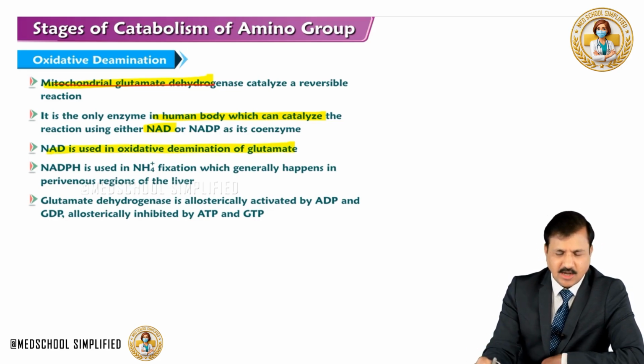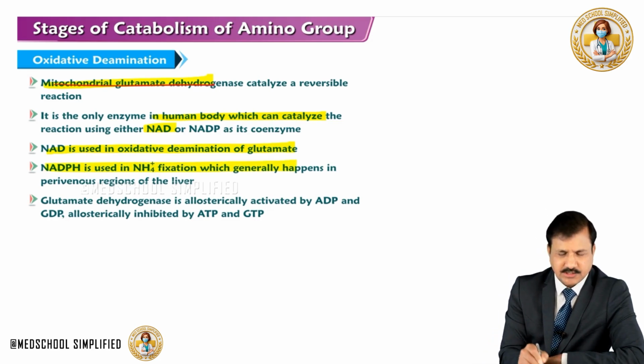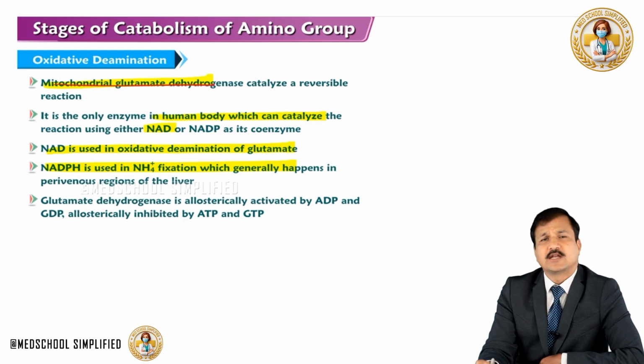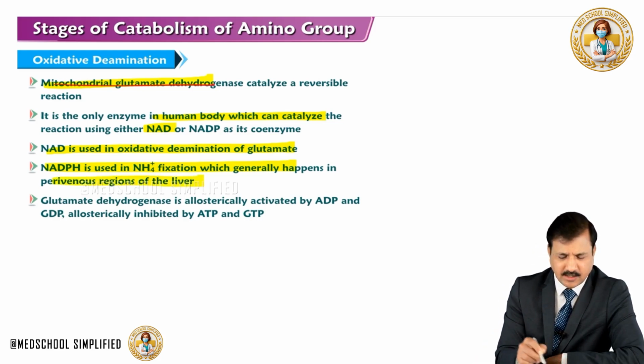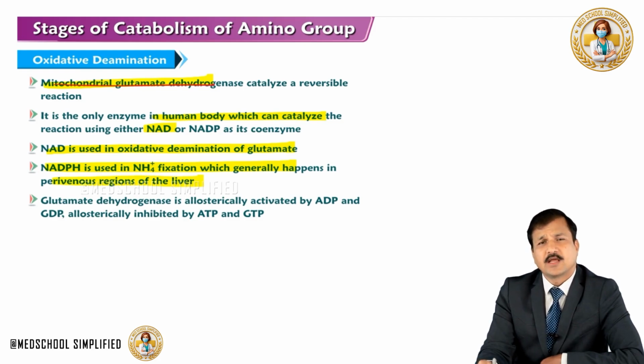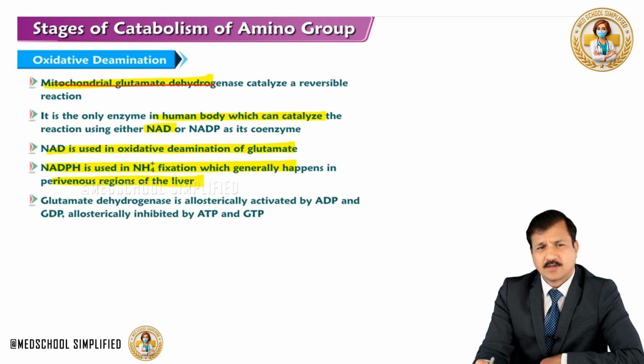NAD is used in the oxidative deamination of glutamate, whereas NADPH is used in the ammonium fixation, which generally happens in the perisinusoidal areas of the hepatocytes, where ammonium ion is more because it is coming from the portal circulation.